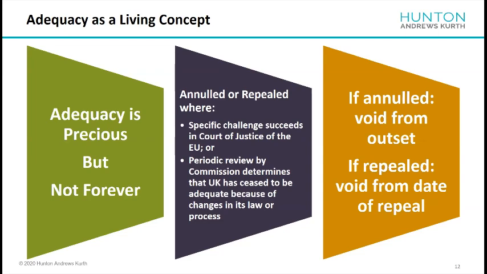There is no clarity as to what effect that would have in relation to transfers which had already taken place. Or an adequacy decision can be repealed, usually from the date of repeal. The European Commission can only repeal or suspend or amend an adequacy decision. It cannot annul its own decisions.